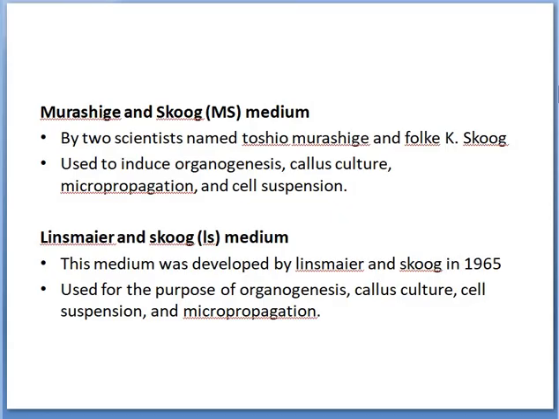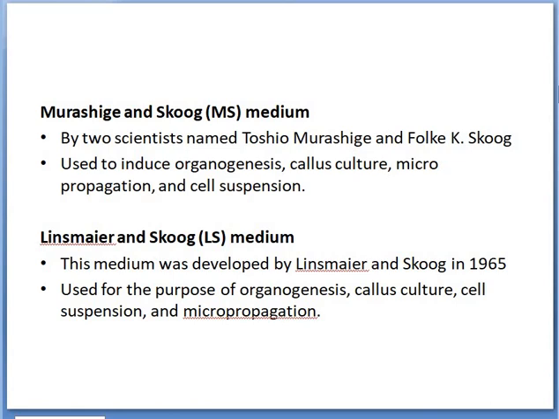LS media or Linsmaier and Skoog medium. The Linsmaier and Skoog medium was developed by two scientists, namely Linsmaier and Skoog, in 1965. They had developed this media first to optimize the organic supplementation in tobacco culture. The media has a more or less similar composition to Murashige and Skoog medium, except for the difference in the concentration of vitamins.